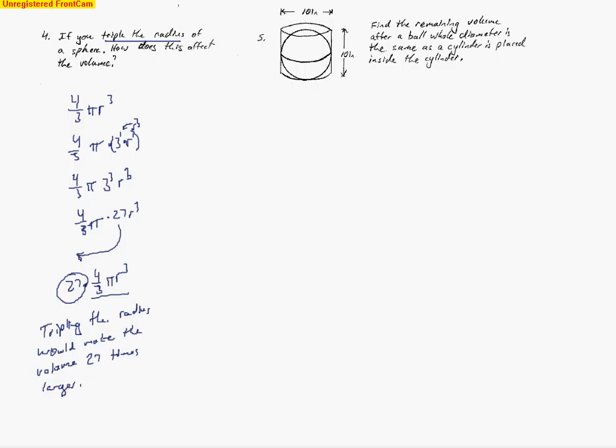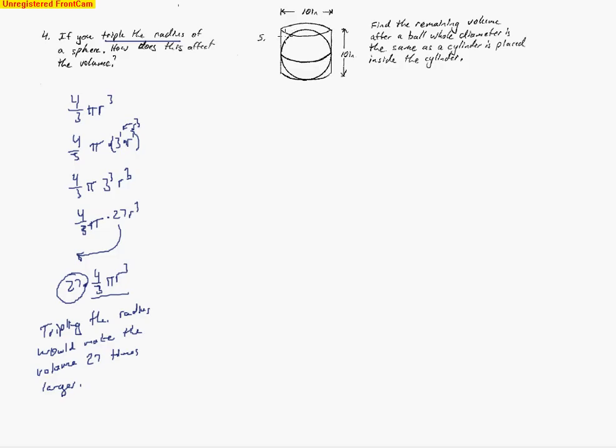So let's take a look at our last problem here. The last problem is similar to the one where we displaced the air, because we put a sphere inside a cylinder. And what we'll end up seeing is that when we're trying to find the volume, the ball with a diameter that's the same as the cylinder ends up going right inside.